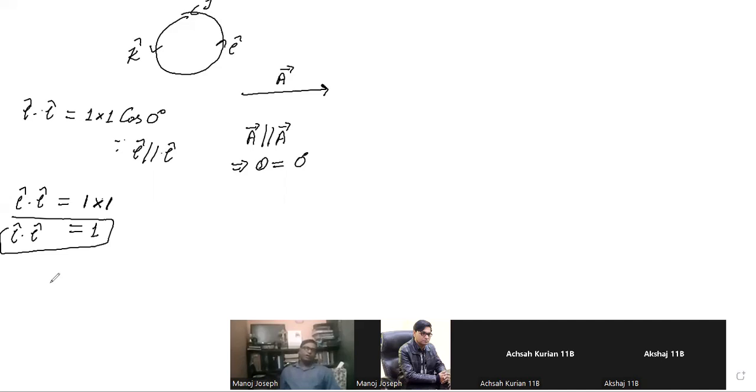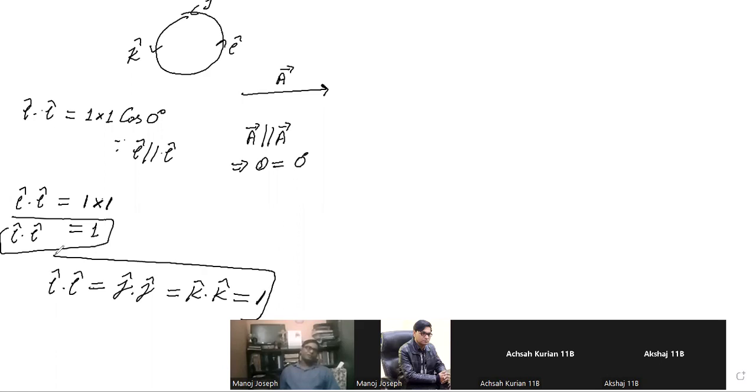So there is one more relation we can take: I dot I cap is equal to J dot J cap is equal to K dot K cap, which produces 1.